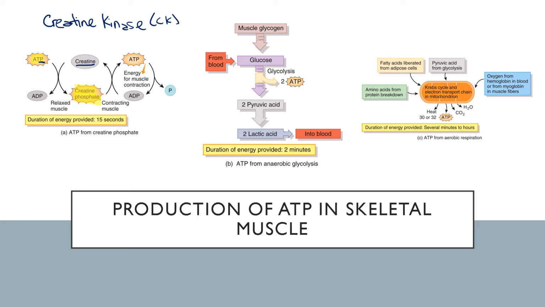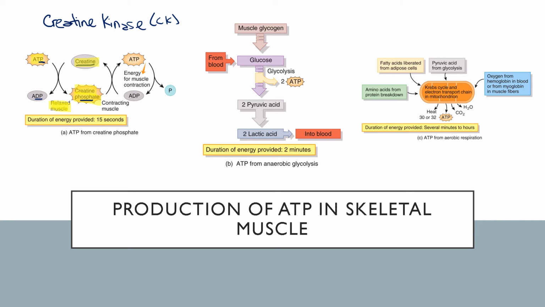And this forms ADP and a high energy creatine phosphate. So again, this is going to be in relaxed muscle. When muscle is relaxed, you're going to be producing a lot more ATP than you need. So creatine here is a really small amino acid-like molecule that's synthesized in the liver, kidney, and pancreas, and then transported to muscle fibers.